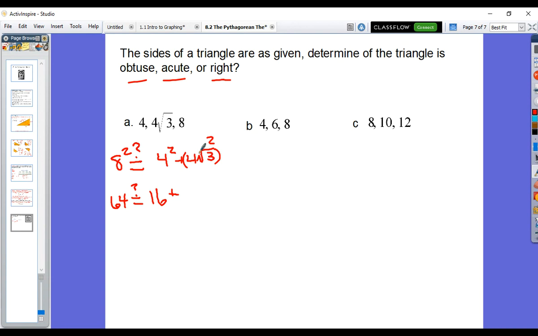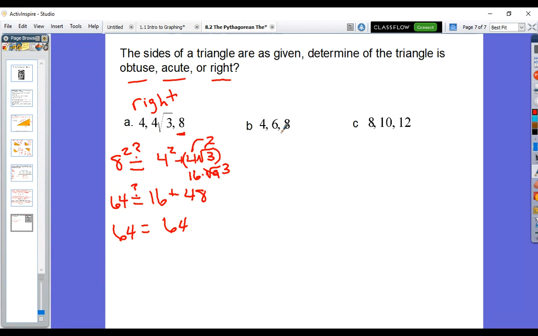Now, when squaring something with a radical, you square the 4 and the radical 3 individually. So you get 16 times 3, because squaring the radical 3 gives 3. 3 times 16 is 48. We add those up, we get 64 equals 64. So since the hypotenuse, the longest side, is equal to the sum of the other two, this is a right triangle. That's how you test it.